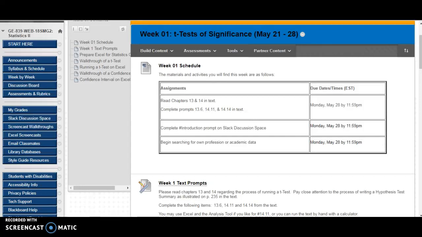You'll see in the text there's some grey boxes that walk you through the whole process of stating your research problem, your statistical hypotheses, the calculations themselves that are used, what the decision is of that test, and also the interpretation of the test.